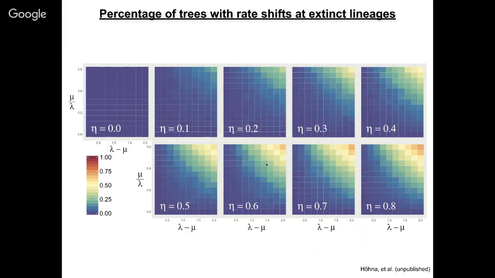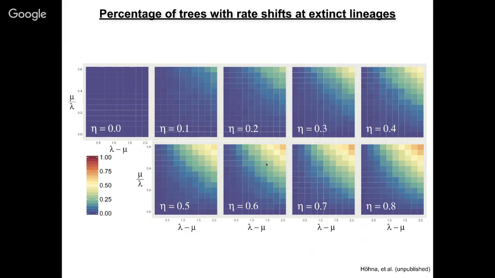If the rate of shift is 0, then of course there can't have been any rate shift. If we simulate forward in time, the color scheme shows how many of our simulations had a rate shift at an extinct lineage. So if the rate of rate shift is 0, it's always 0% of these simulations.